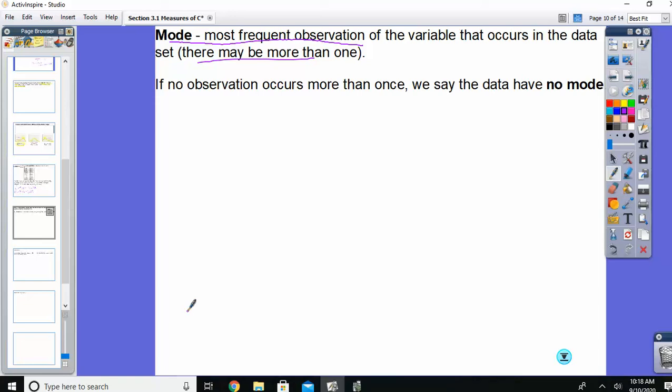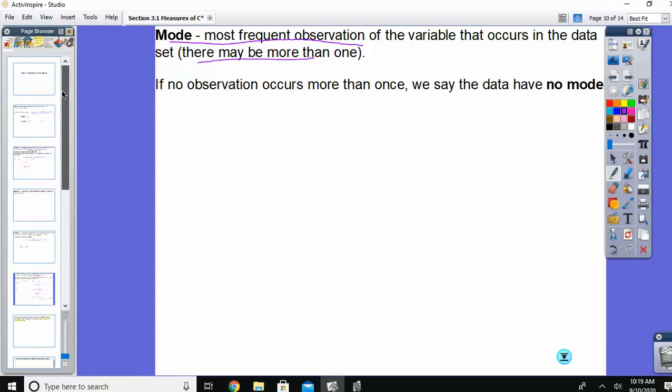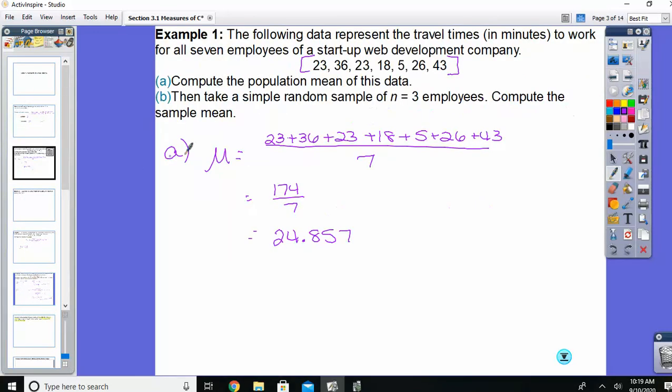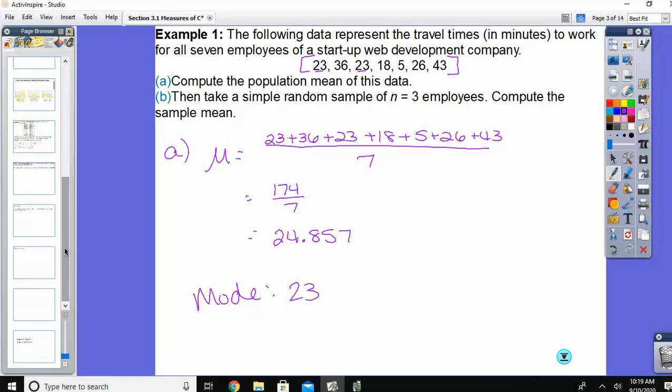If nothing shows up more than once, then we say there is no mode. So looking at example 1, the same set of data, what would be my mode here? 23 showed up twice, so it was my most frequent observation. So mean, median, mode, those are the ways we measure the center of data.